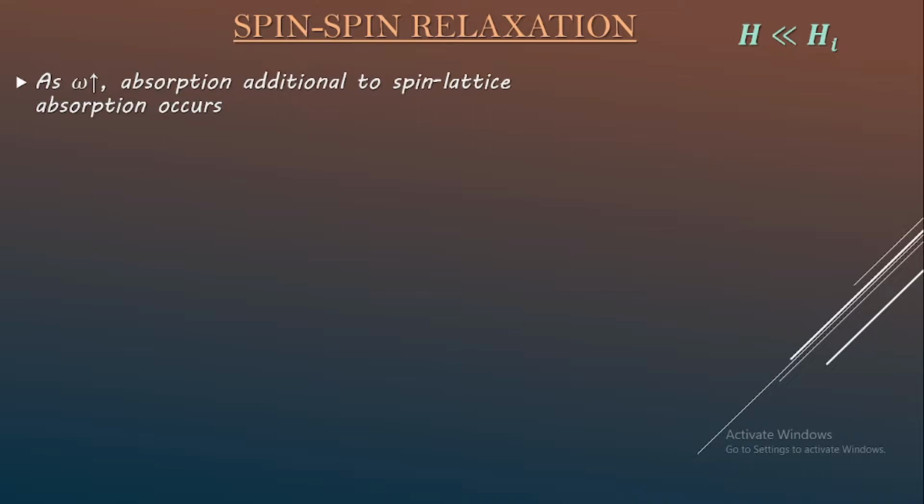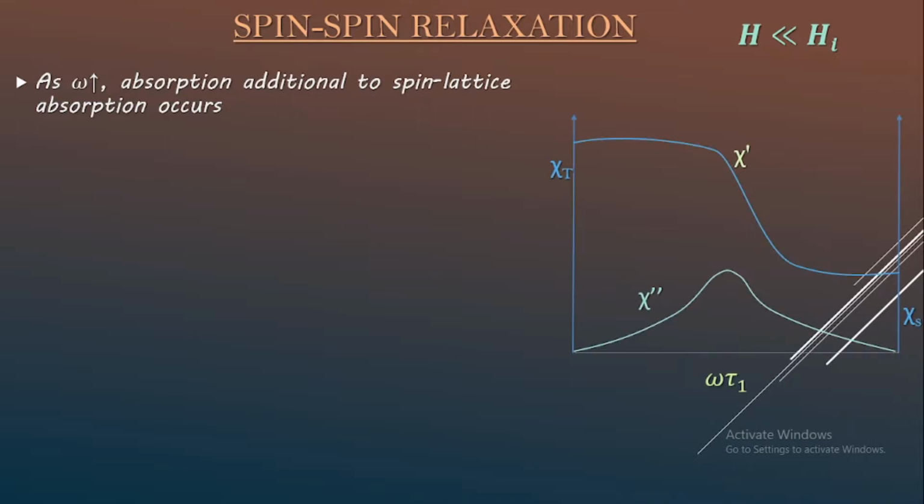And in our previous class we had seen the graph of susceptibility, under which we had also plotted a graph of energy absorption. So this graph, which is shown in dotted line with A, represents the absorption of energy due to spin lattice relaxation, whereas A dash represents that due to spin-spin relaxation. Clearly we can observe from the graph, along the x-axis we have omega tau 1, where tau 1 is the spin lattice relaxation time and omega is the frequency.